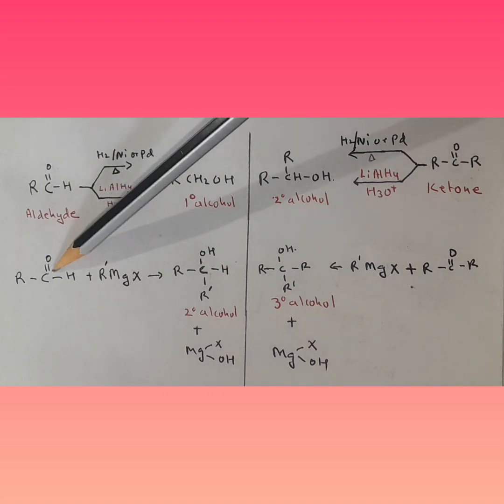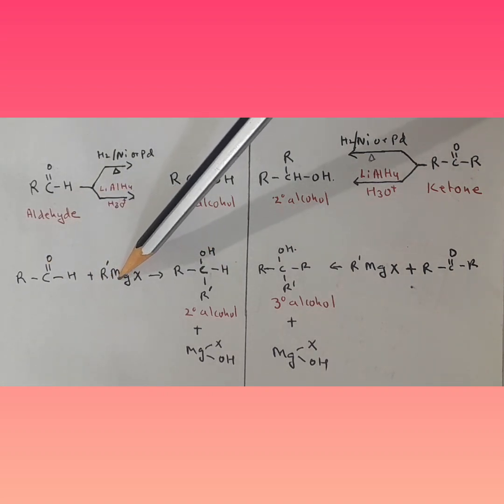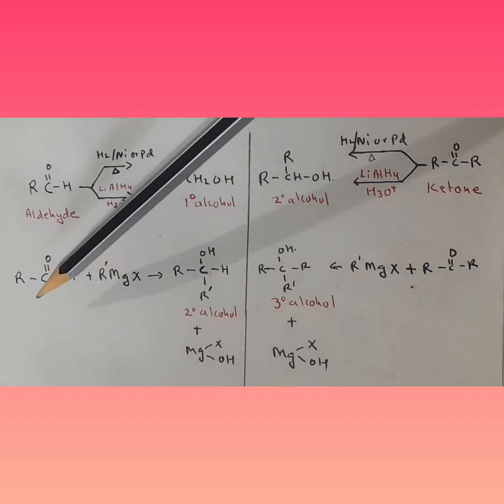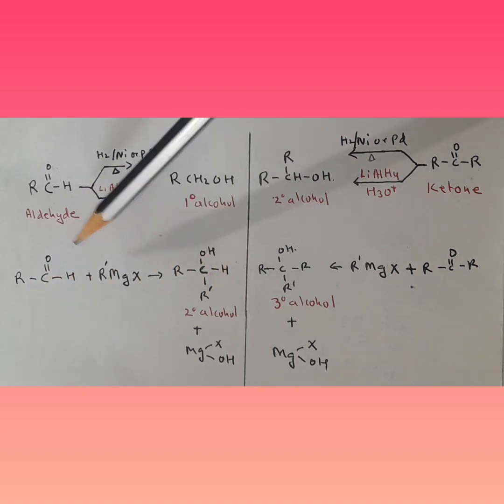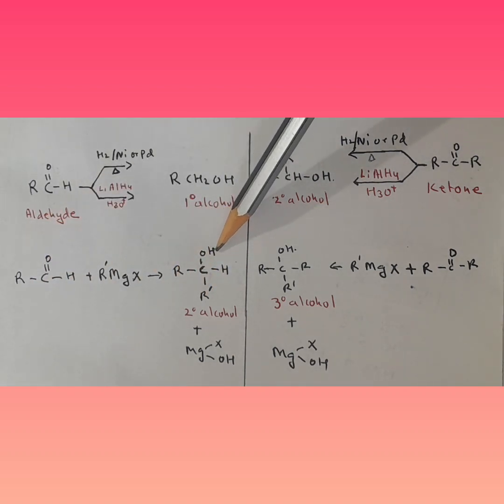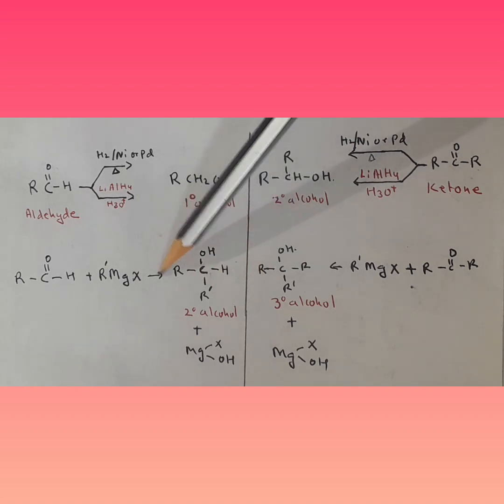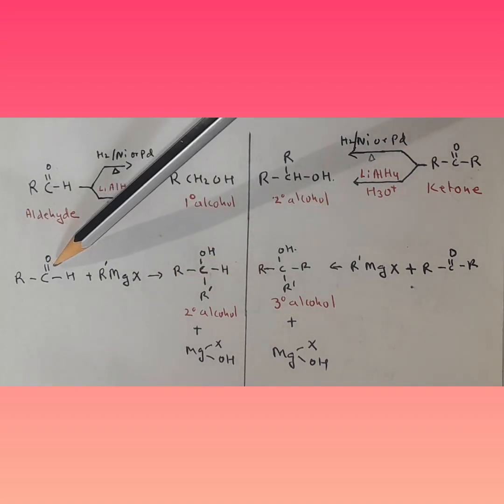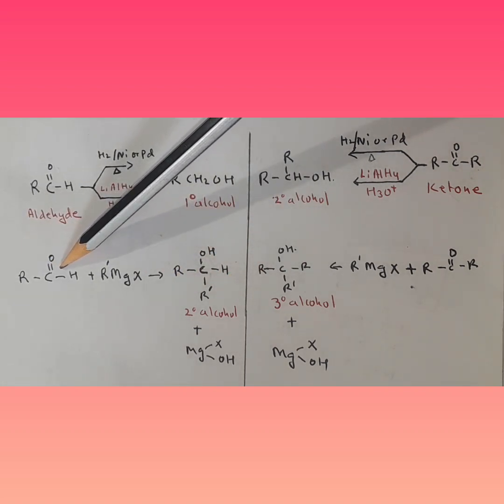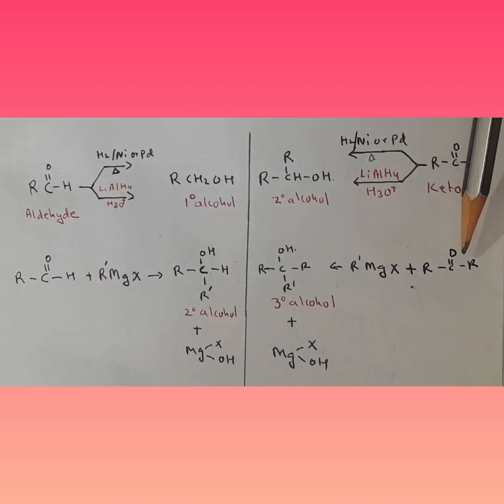Alright. So aldehyde treated with Grignard reagent, the R prime group which is there gets fit in here, and O which is there gets converted to H. So we end up with secondary alcohol when we are starting with aldehyde. Now let's check what happens if we start with a ketone.